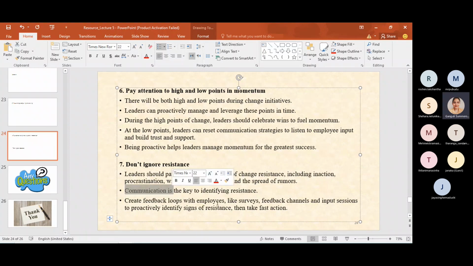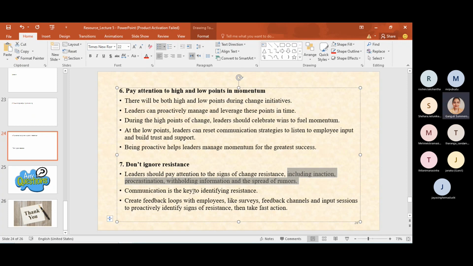As we discussed earlier, you can have meetings, surveys, feedback channels, sessions, and feedback forms. You can use all these options to communicate with your employees, and through communication you can identify these signs of change resistance.